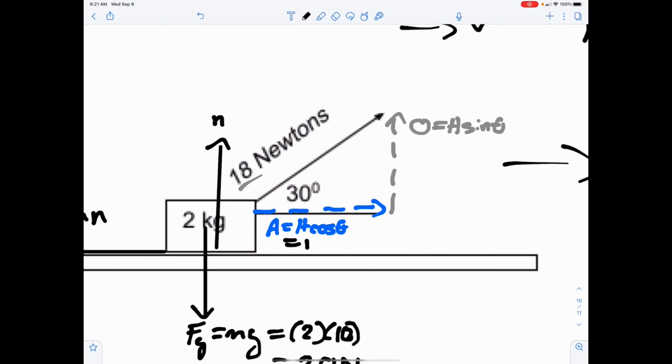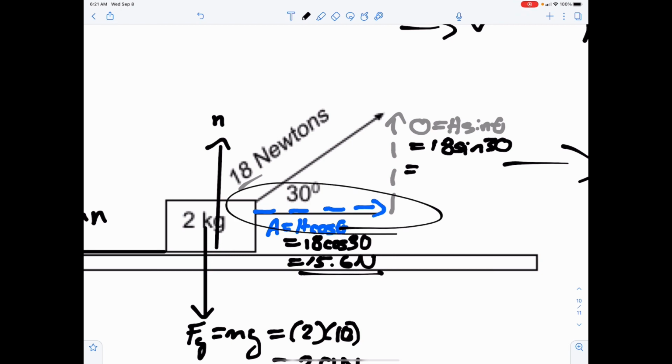This side is going to be 18 cosine 30, and this one's going to be 18 sine 30. The adjacent side, 18 cosine 30, when we put that in our calculator, we get about 15.6 newtons going horizontally, in the x direction. When we put 18 sine 30 in our calculator, we get 9 newtons going up.